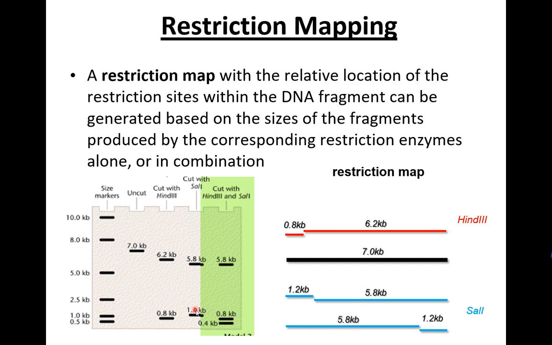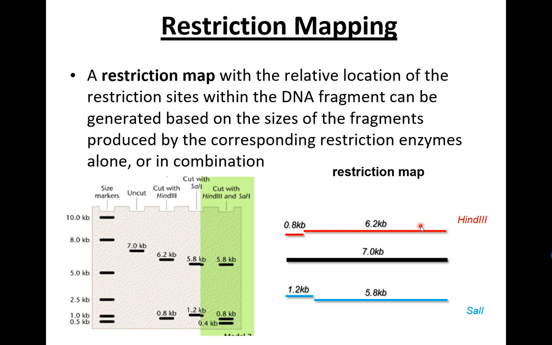But what you see is that the 1.2 kilobase fragment is the one that gets digested by HIM3 into a 0.8 and a 0.4 kilobase fragment, which, when you add them together, give you 1.2. So this tells you that HIM3 is cutting within the 1.2 kilobase fragment, pointing to us that SAL1 and HIM3 should be close to each other, at a 0.4 kilobase distance. Now, when you combine together these results, and again, the opposite could have been possible.